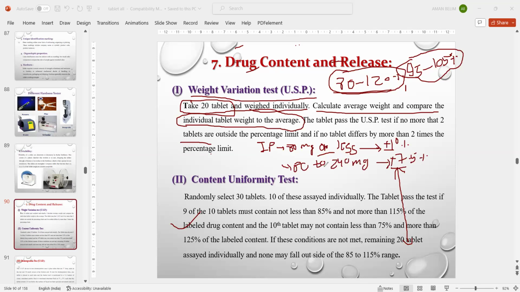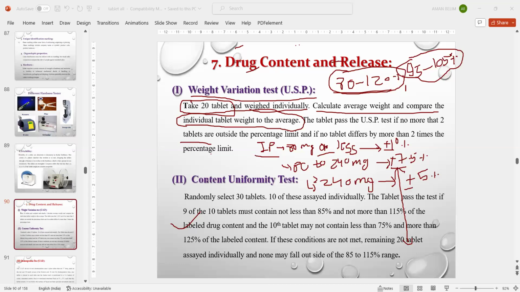And if the tablet weight is greater than 240 mg, then the variation allowed is plus or minus 5%. As you can see, gradually 2.5% is decreasing as the tablet weight increases. So it is very important to note down.